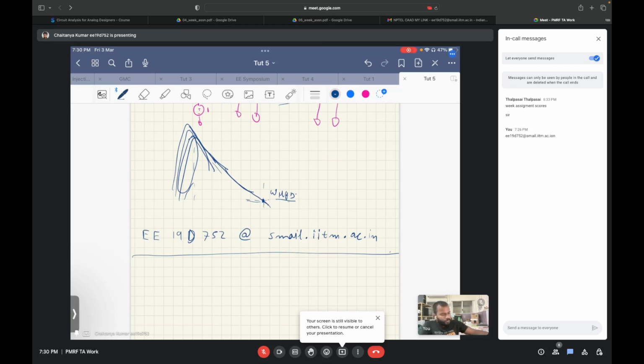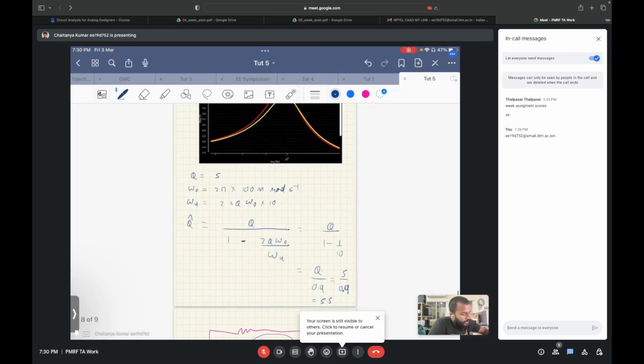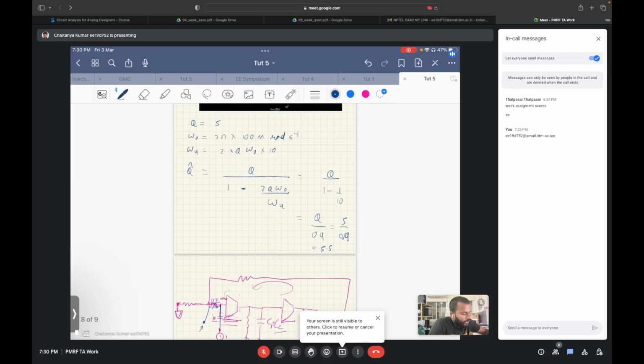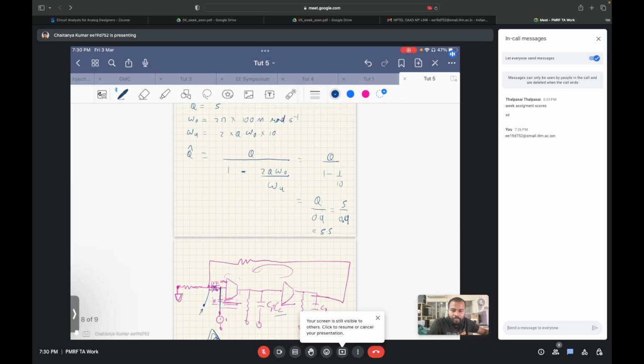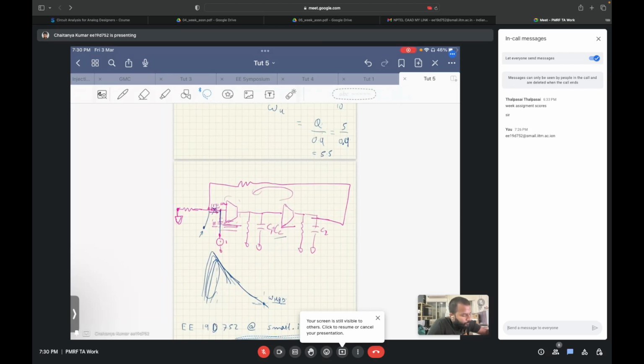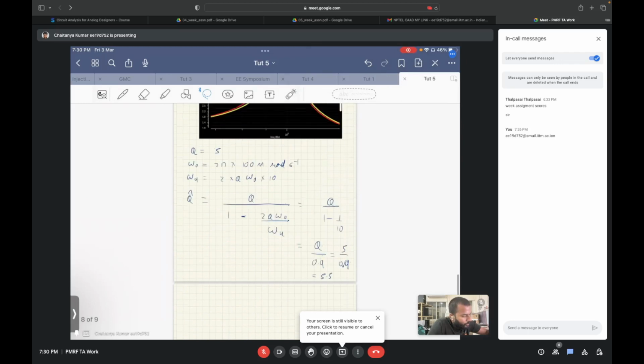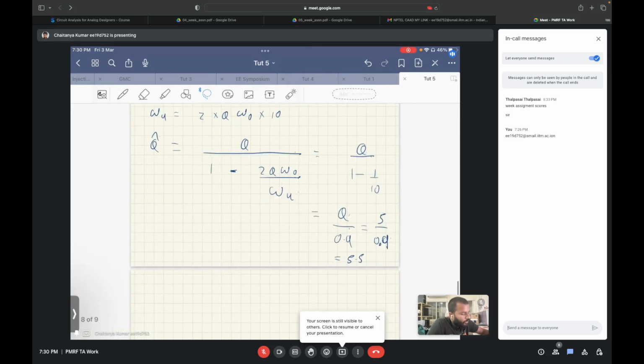So we will continue with this example. We see that this is the quality factor that we get. We got the quality factor due to this enhancement as 5.5.